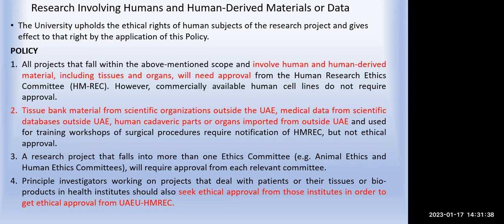If you want to work on human beings, their tissues, or examining certain features in those patients, or using their clinical data, for example, in a hospital, okay? You need to have ethical approval from that hospital as well, okay?